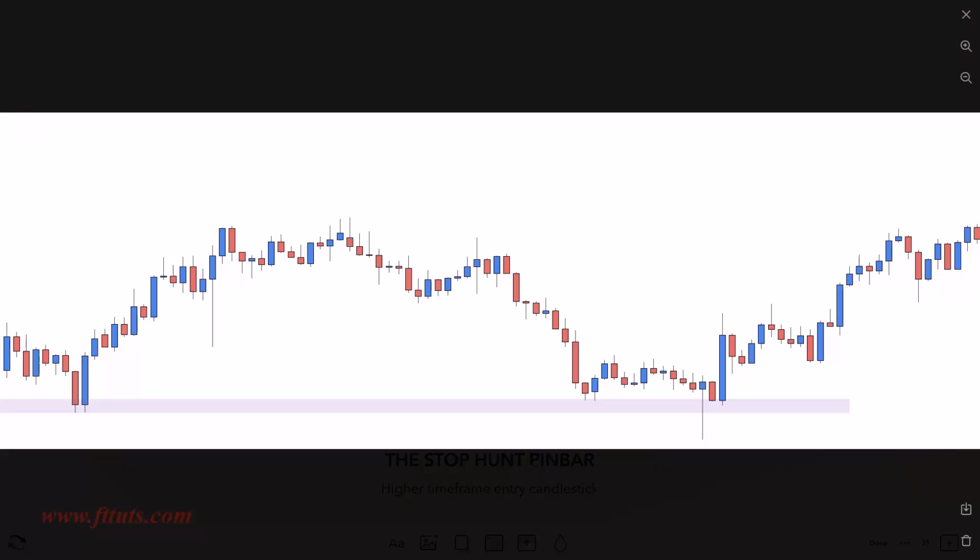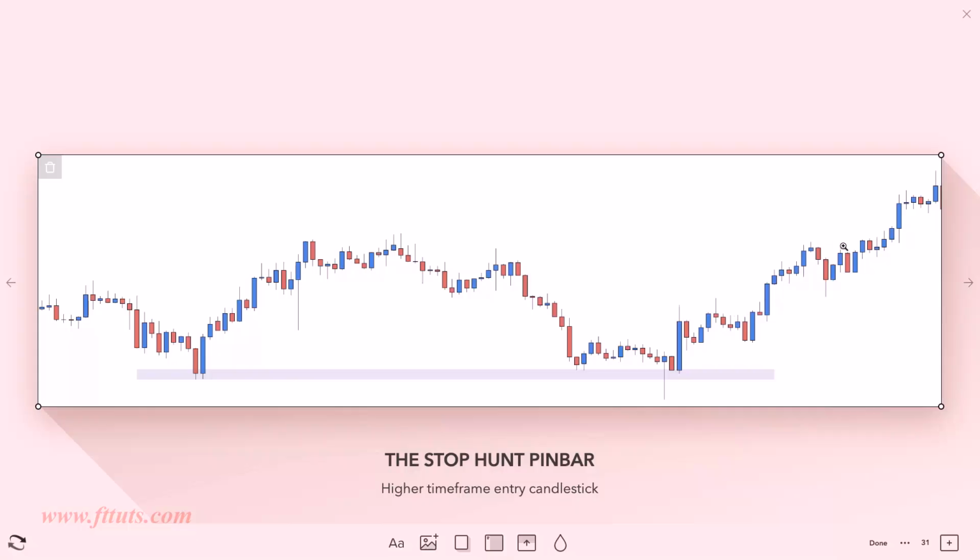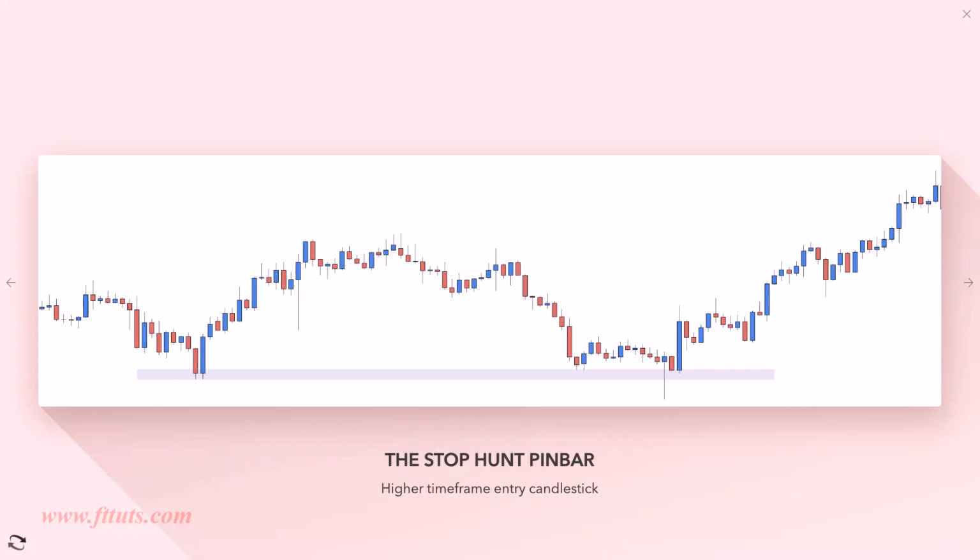And then what we want to do is enter on the close of that candlestick, stop just below the low, 5-10 pips below, and then look for prices to accelerate, hopefully, to the upside. So it's just a pin bar where you've got a nice wick that goes beyond the level. That should be a manipulation on the lower time frame if you can't get in on the lower time frame, and then we look for trades to the upside.